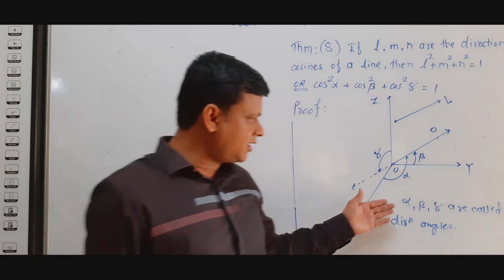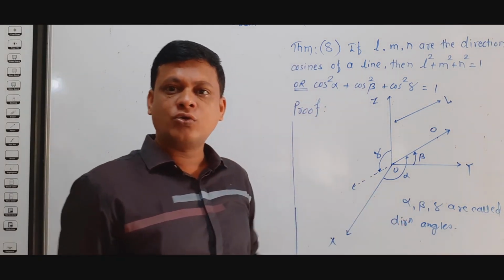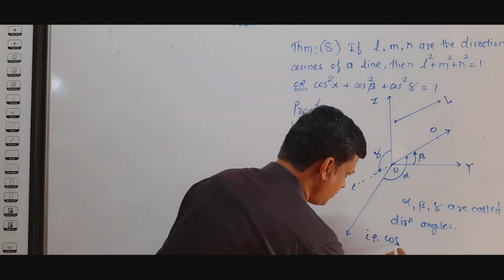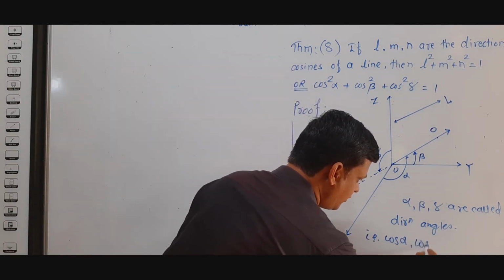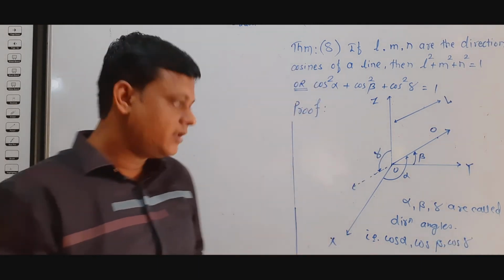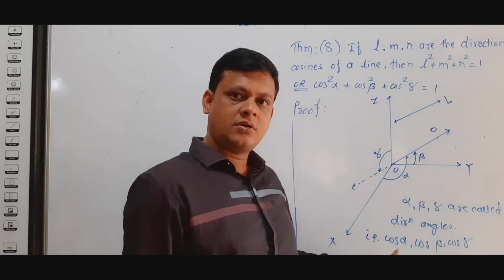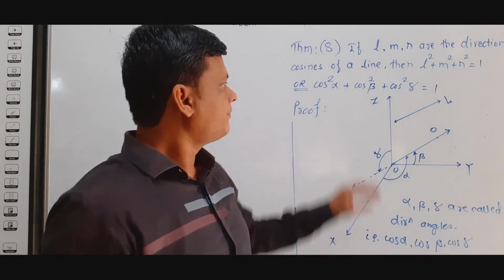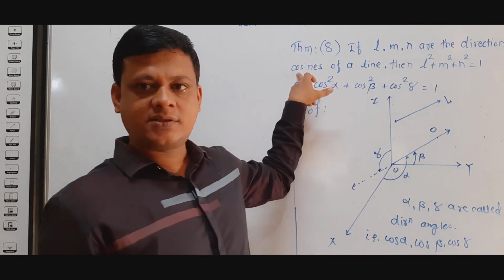When we measure these angles with the cosine ratio, that is cos alpha, cos beta, cos gamma, then these ratios are called direction cosines.